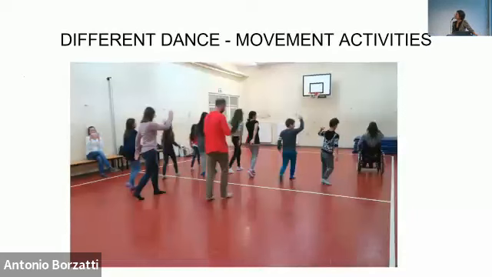And then the third part was different dance movement activities. So we did different exercises, like for example, mirroring, discovering the place with closed eyes, dancing with different parts of the body. Yeah, different things.